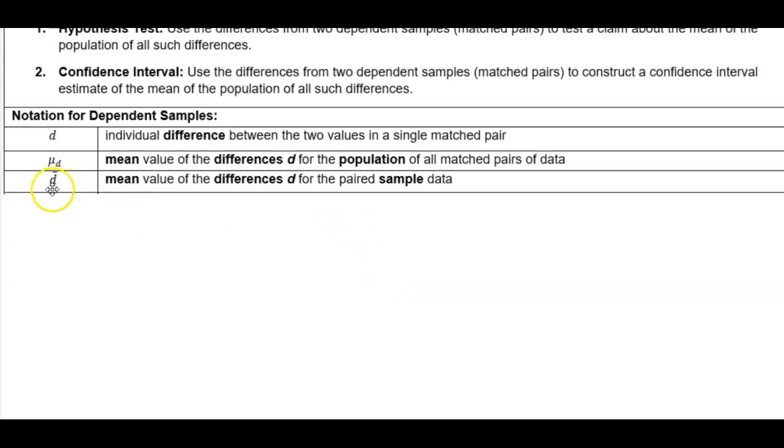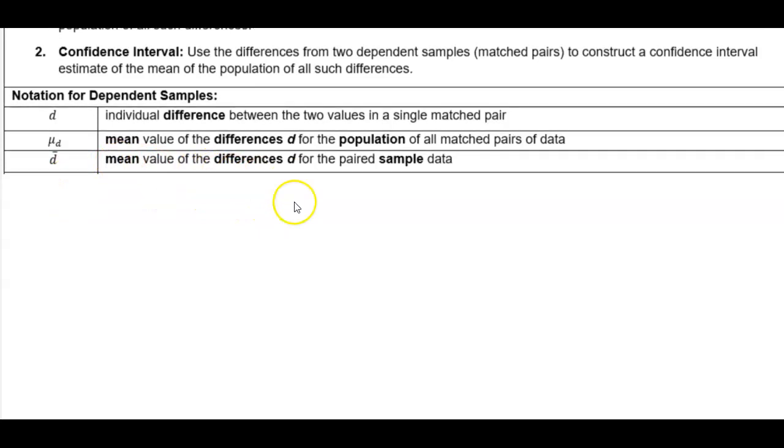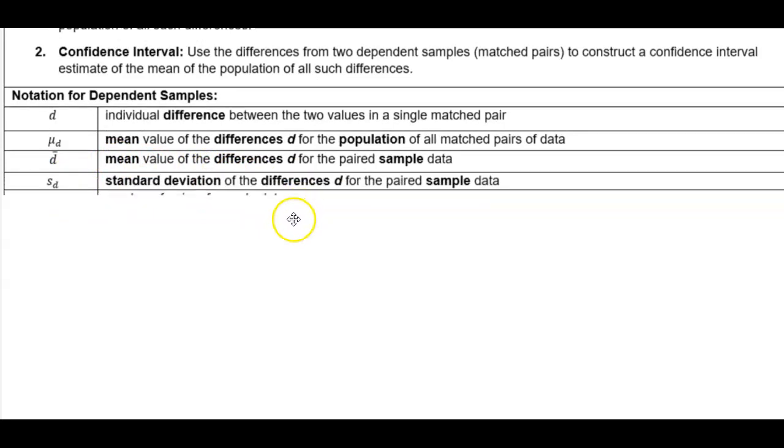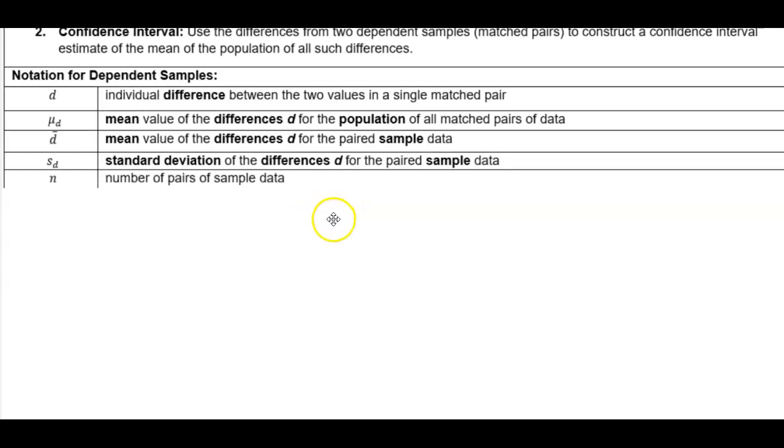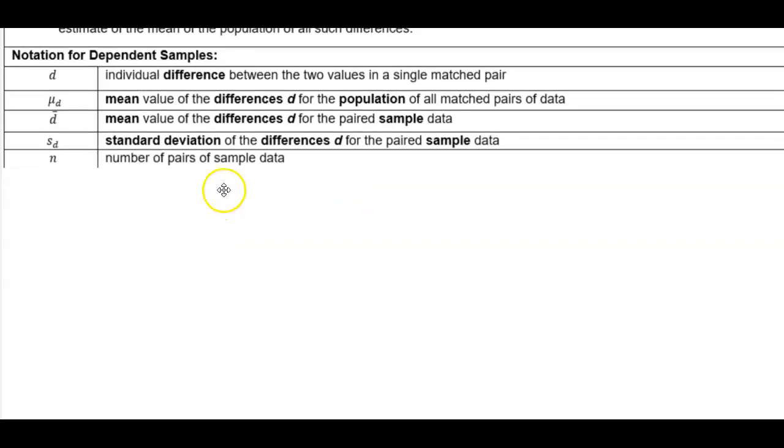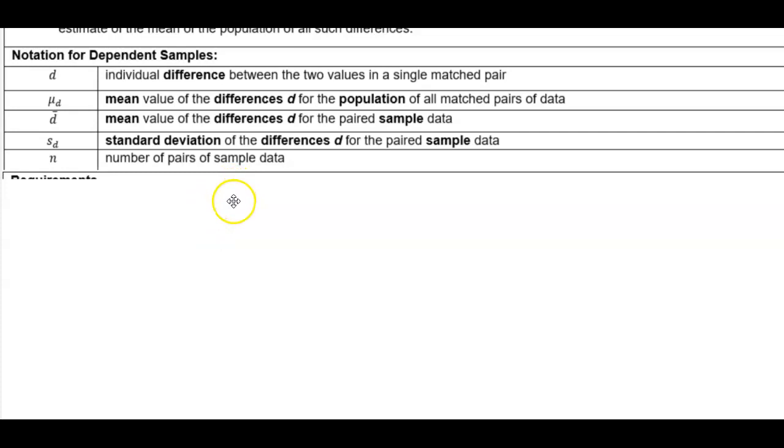This is the mean value of the differences D for the paired sample data. S subscript D is the standard deviation of the differences D for the paired sample data. N represents the number of pairs of sample data.